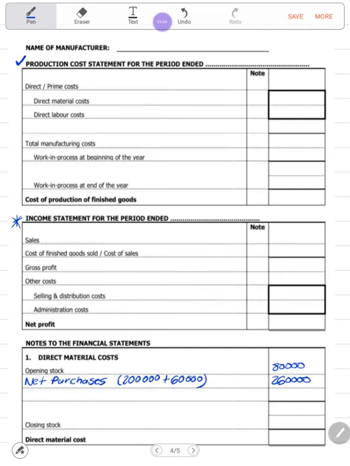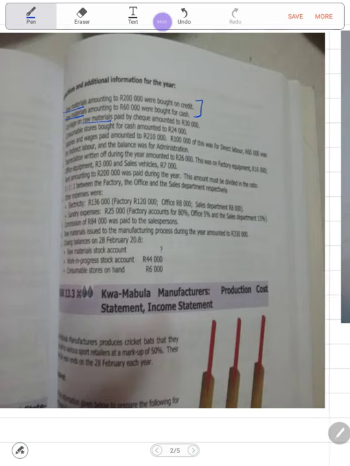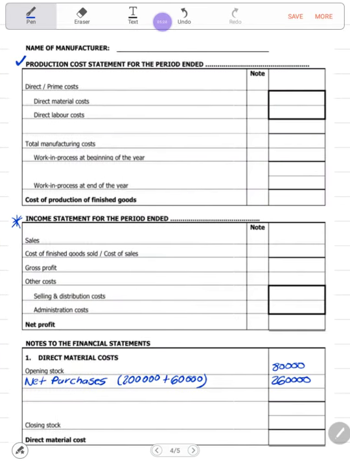Then not forgetting your carriage on purchases, which is basically to bring that raw material to the place of business. Carriage on raw materials, again, do you see the raw materials always showing up? Paid by check amounted to 30,000 Rand, and we are going to place that over here, and your details will be carriage on purchases.